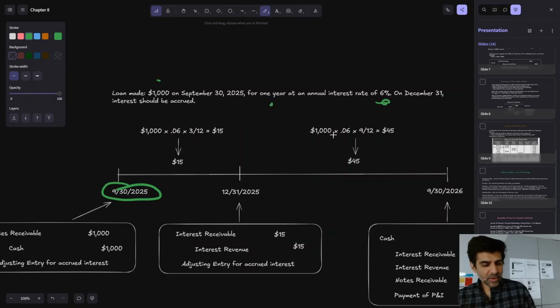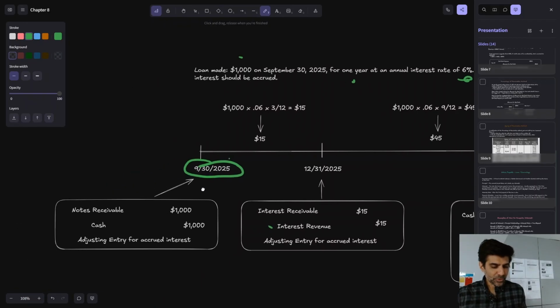Interest rate is 6%. And at the end of December, at the end of our accounting period, we want to accrue interest as an adjusting entry. We want to make sure that our 2025 financial statement includes the correct amount of interest revenue, right? Because we're the lender.